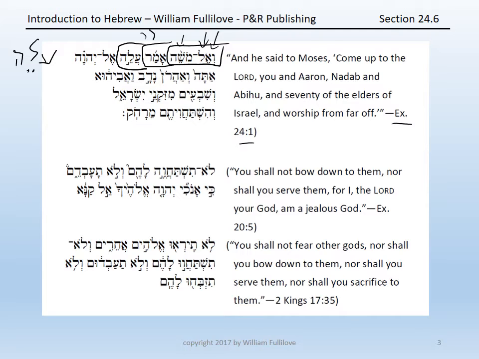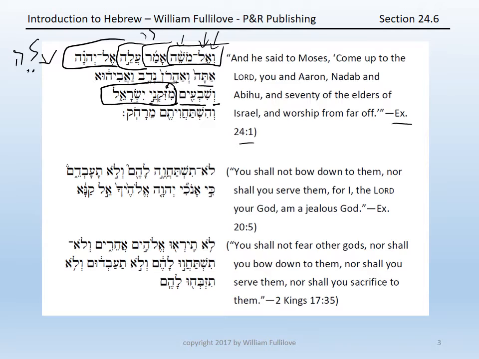Go up to the Lord, and then the pronoun you and Aaron, Nadab and Abihu, and shiv'im, the number 70, mi, which is min. Notice that the nun has assimilated to the zayin, leaving a dagesh, from ziknei Yisrael, the elders of Israel.